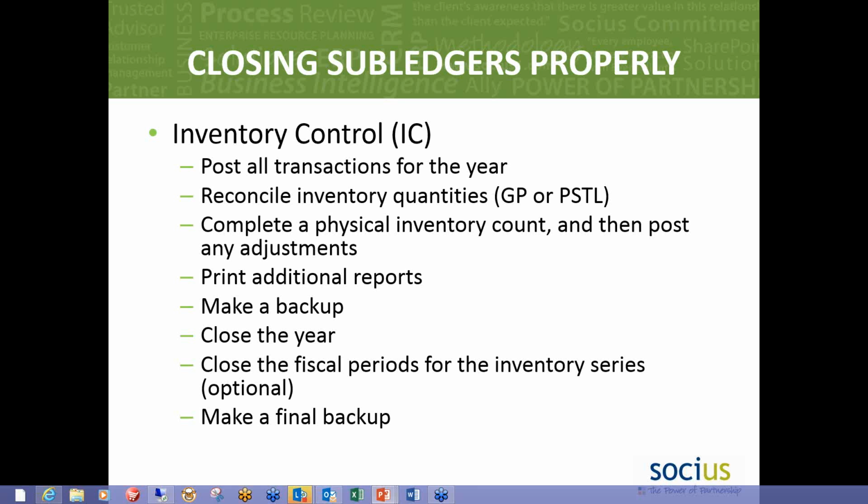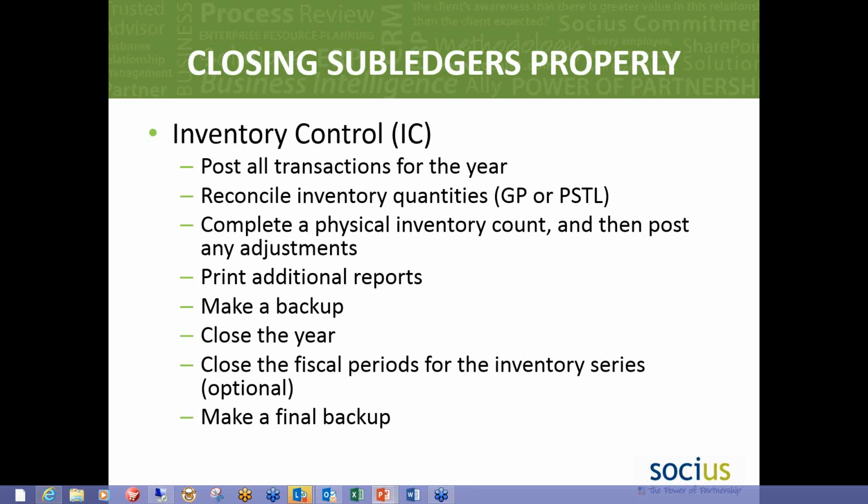Any other reports that you use within your organization to track and monitor your inventory, you want to print those. You would then make a backup. You would close the year. Another option that you have is then to close the fiscal periods for the inventory series. That is not required, but it is certainly an option that is available.